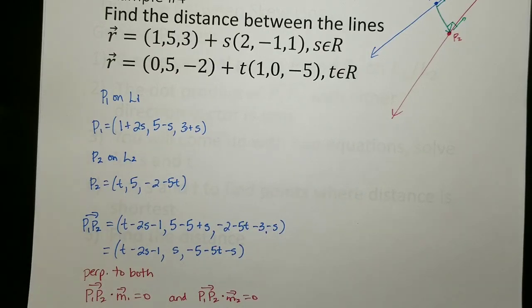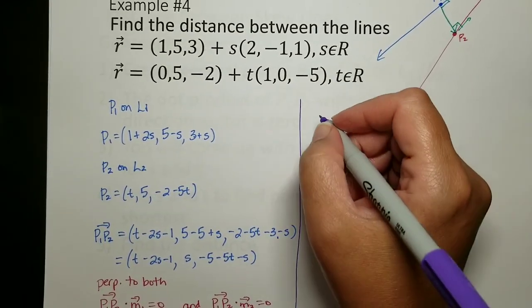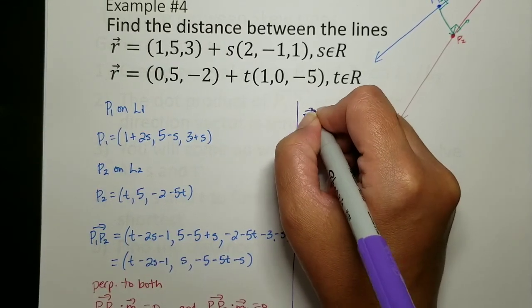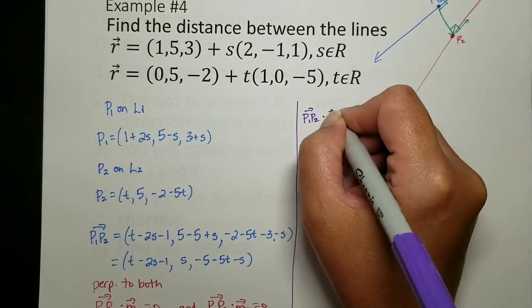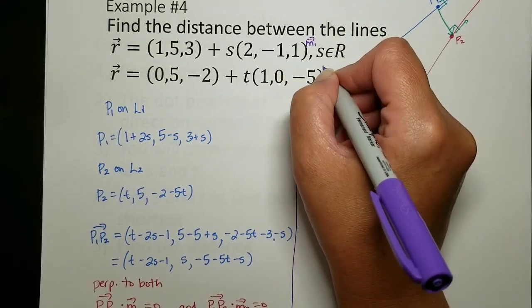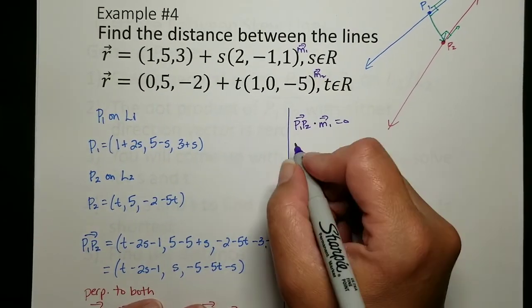So I'm going to do that. So this might get a little bit messy, but we can do it. So I'm going to say P1, P2 dot M1 equals 0. So I'm going to use this as M1 and then M2 just from the second line, the direction vectors there.